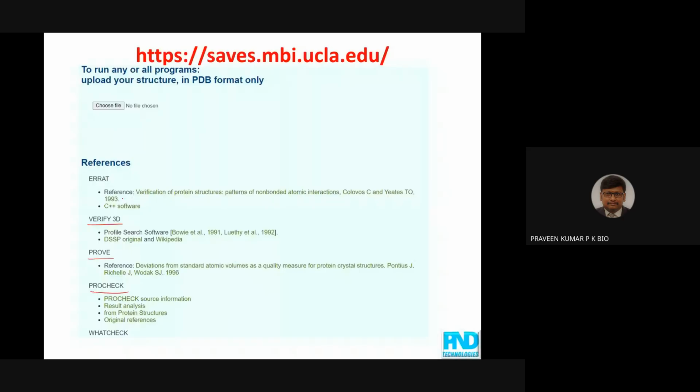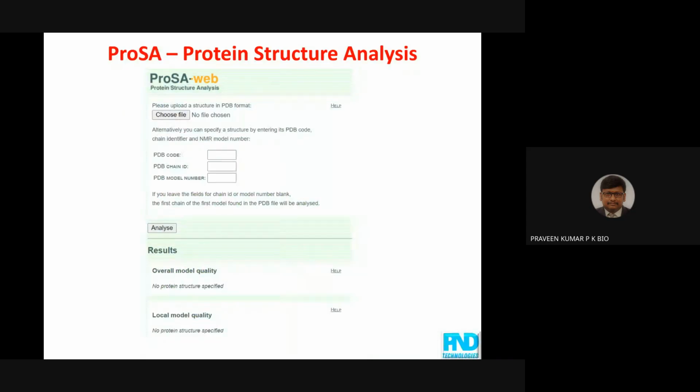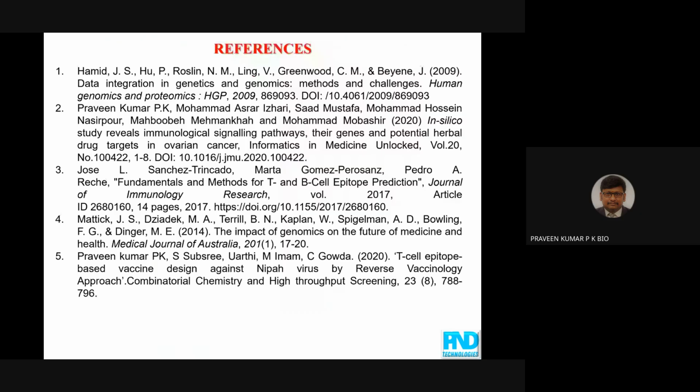These are the references, these are the tools one can check and practice. ProSA, Protein Structure Analysis, is one more website where we simply upload the protein structure we have modeled, and we can analyze. If you click analyze, you can check the quality of the protein.